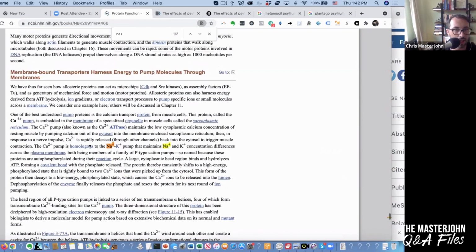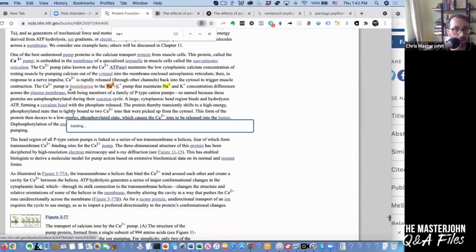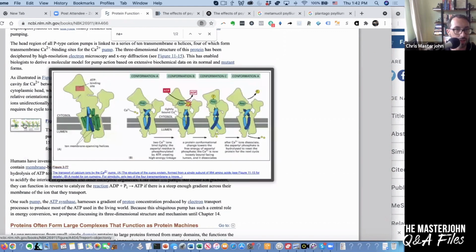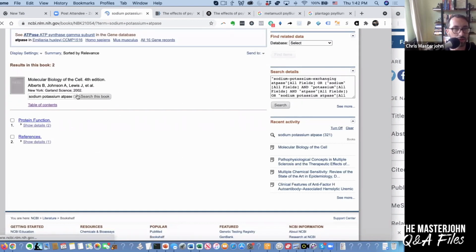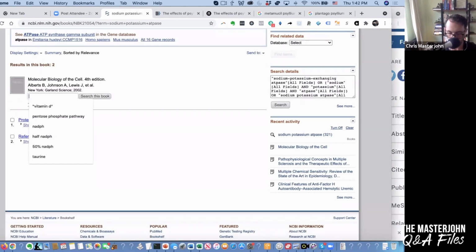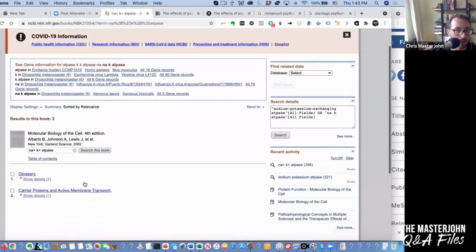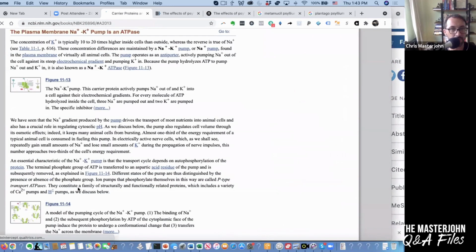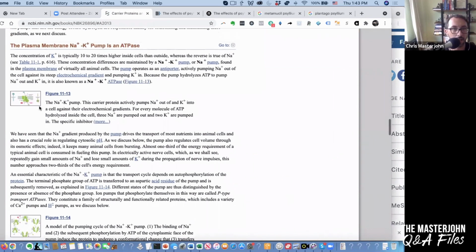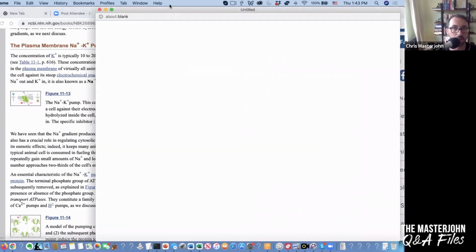Okay, let me try a different search. So I'm going to go to Na-K ATPase, see if that works. All right, here we go. So the section is the plasma membrane sodium potassium pump is an ATPase, and here's figure 11-13.